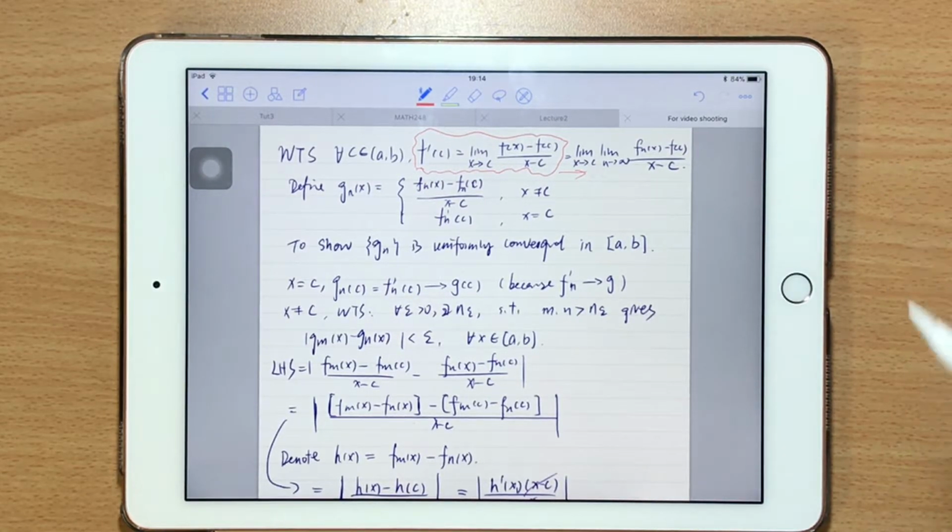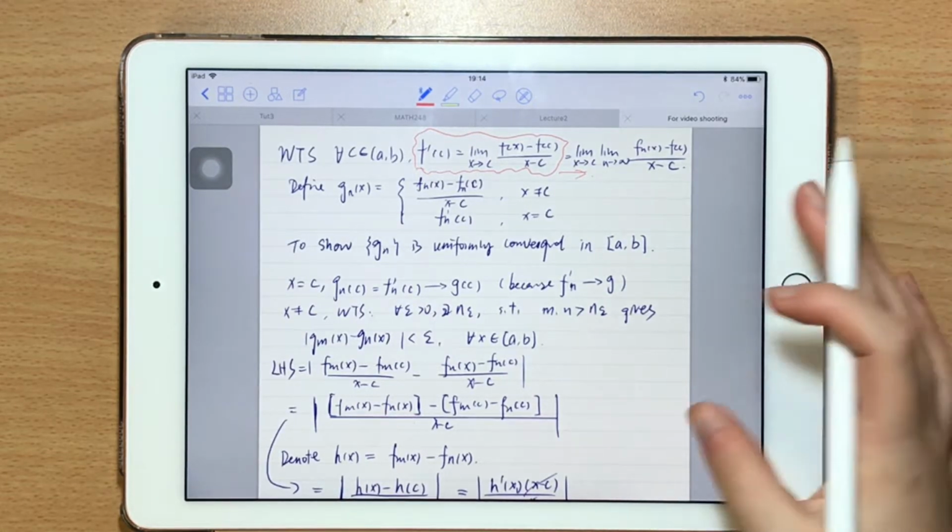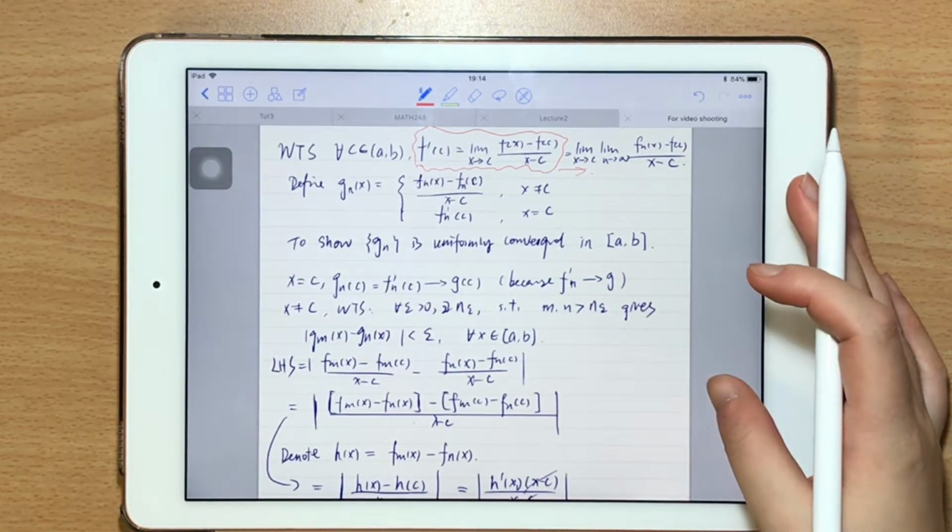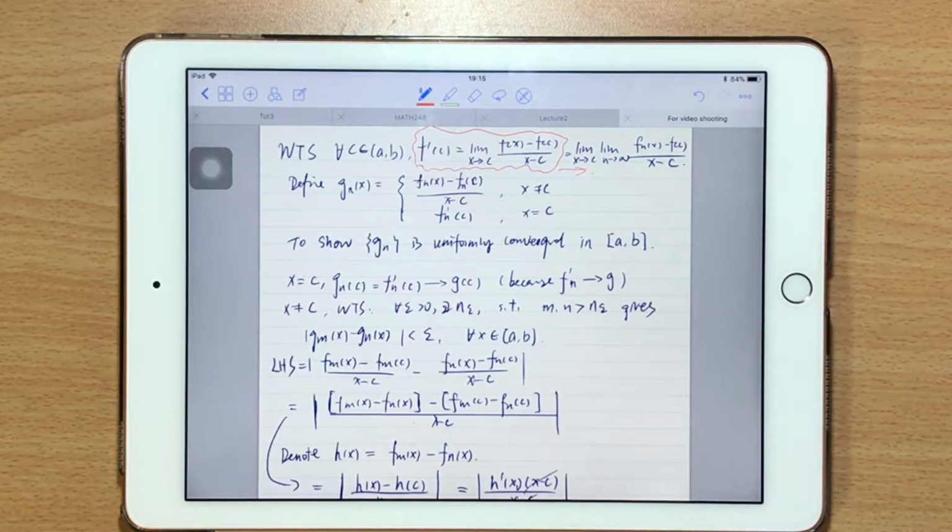Suppose we have already shown that f_n uniformly converges to f, then we will naturally get this equality, right? So what we will do is define g_n(x). g_n(x) is equal to f_n prime c if x is equal to c.